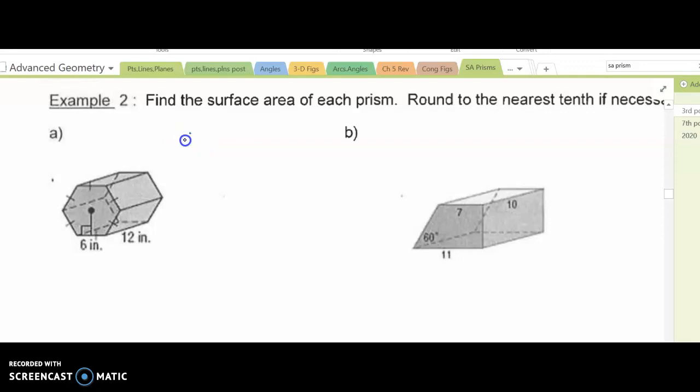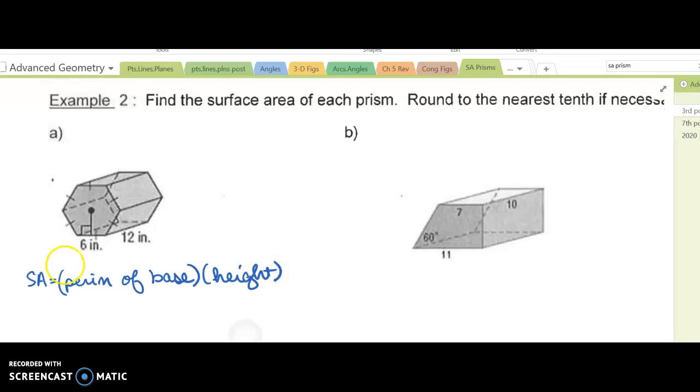Okay, so our surface area, total surface area, is perimeter of the base. I'm going to write this where I have more room. Perimeter of the base times the height, and all of this we call lateral area, because that's the area of the sides.